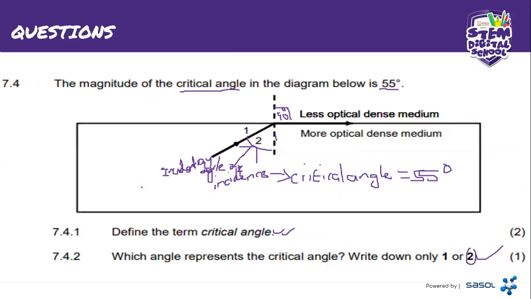So the first option tells us, if I increase this angle to 65, meaning the angle of incidence is greater than the critical angle, and the light ray is moving from a more optically dense to a less optically dense medium, what is going to happen?